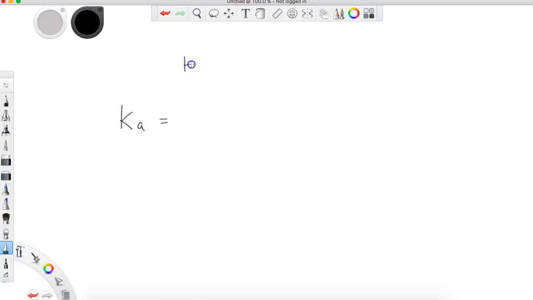So if I take a general acid, HA, and I place it into water, we can represent this as H plus, right? How effectively the HA gives off H plus, and I would have A minus left over in this case.